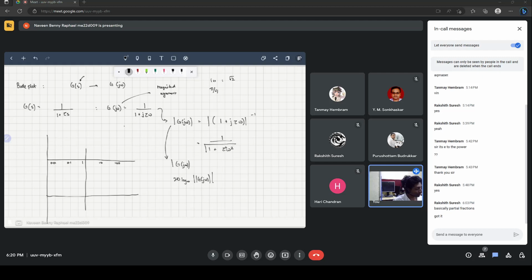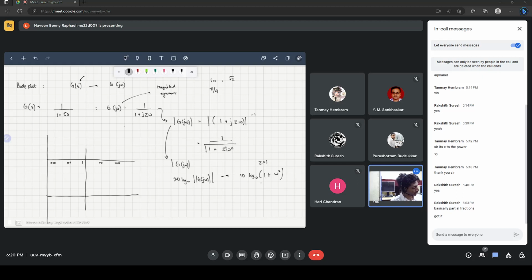So if you take 20 log 10 of this, we'll get 10 log 10 of 1 plus tau squared omega squared. For simplicity in this diagram, I'll take tau as 1.